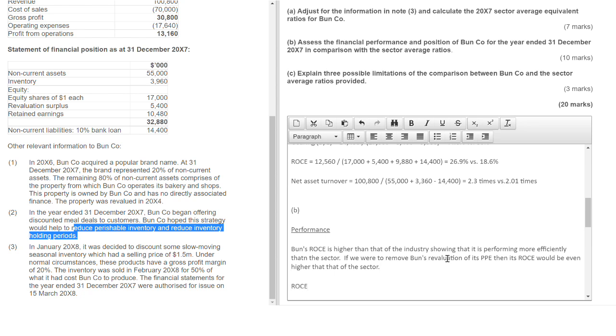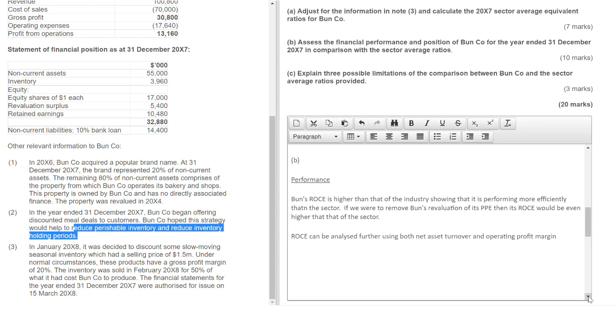So return on capital employed can be analyzed further using both net asset turnover and operating profit margin to show where Bun is achieving its efficiency.